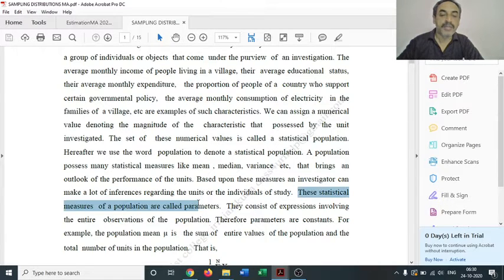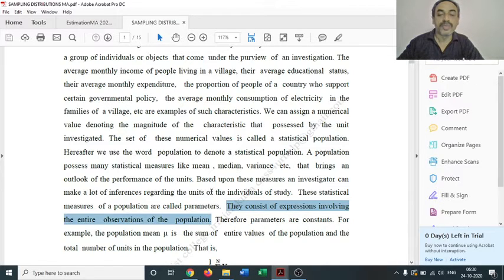These statistical measures of the population are called parameters, and these parameters are expressions involving the entire observations of the population. Therefore, an investigator can make a lot of inferences based upon these measures of the population regarding this group of persons or individuals undergoing study.